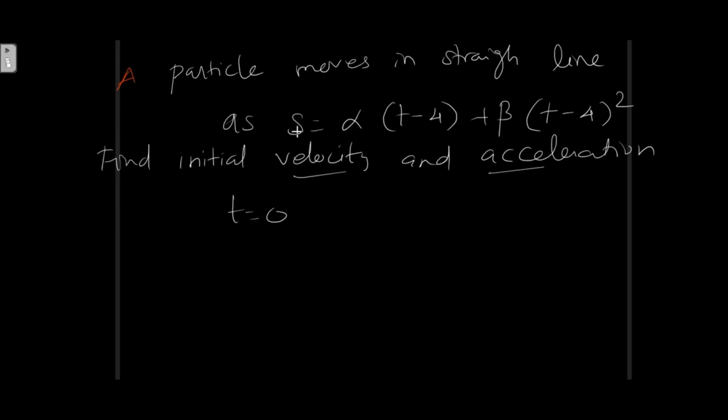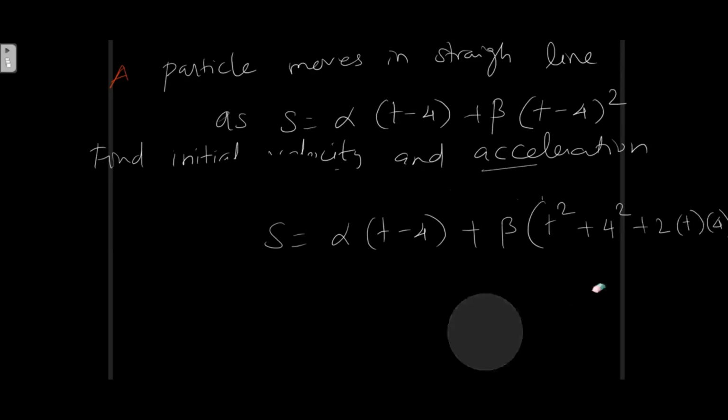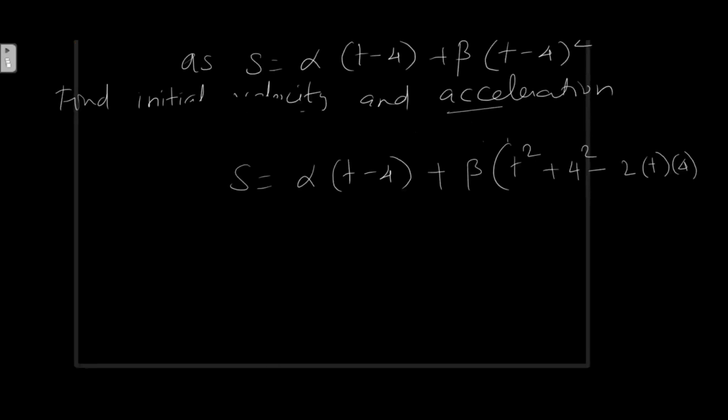So we need to differentiate displacement with respect to time, so that we can find that answer. So ds by dt is equal to velocity. S is equal to alpha (t minus 4) plus beta (t squared plus 4 squared minus 2 t into 4), then we'll differentiate.